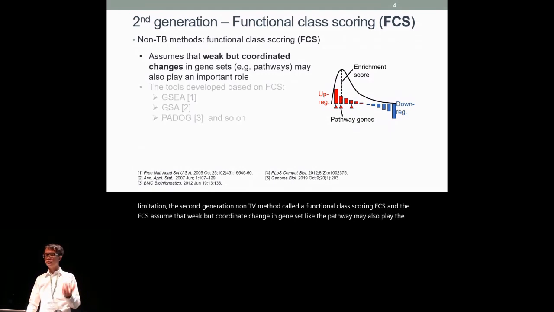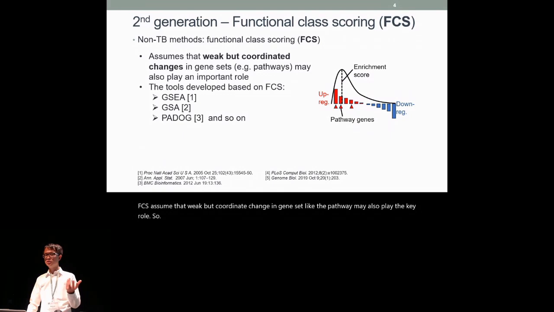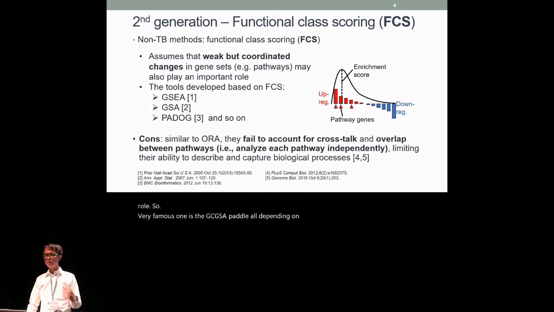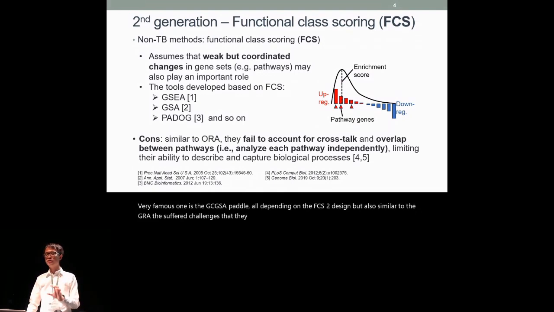Very famous ones are GSEA, GSA, and PADOG, which all depend on FCS. But similar to ORA, they suffer a challenge: they fail to account for the crosstalk and the overlap between pathways. It means they analyze pathways independently, which may limit their ability to describe and capture biological phenomena.